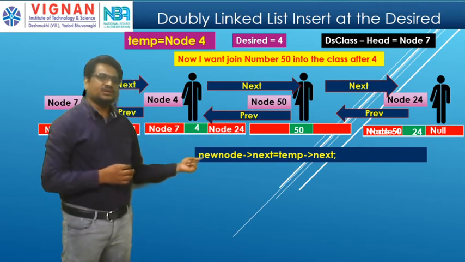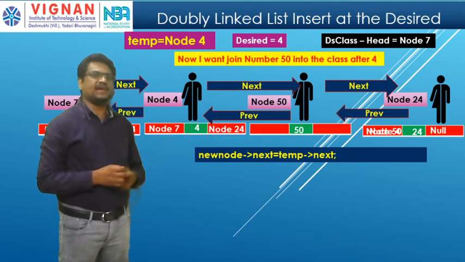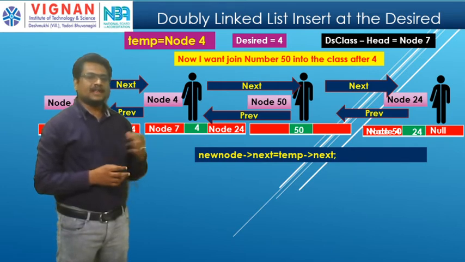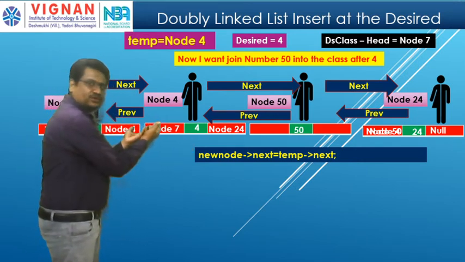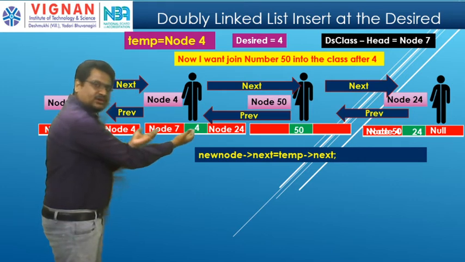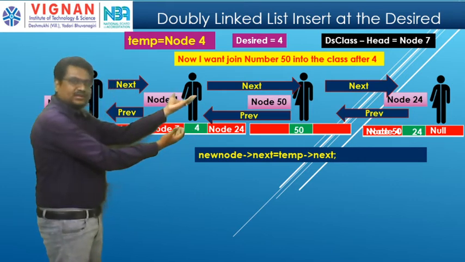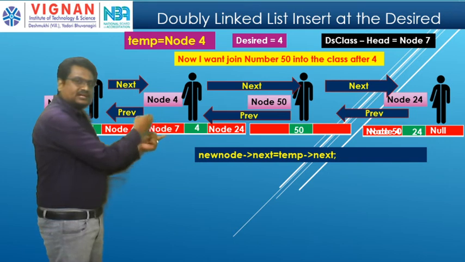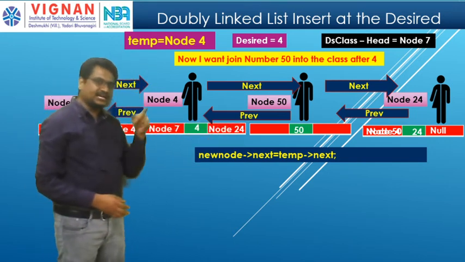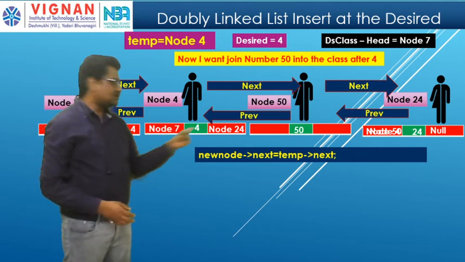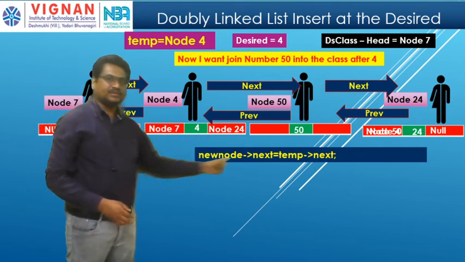So first, new node next will become temporary next. See here, first we have 4 and 24. Now I inserted the 50 between. Am I right? So whatever the data here next will become this one's next. So here you can see in the diagram, node 4 previously refers to 24. That means temporary next.